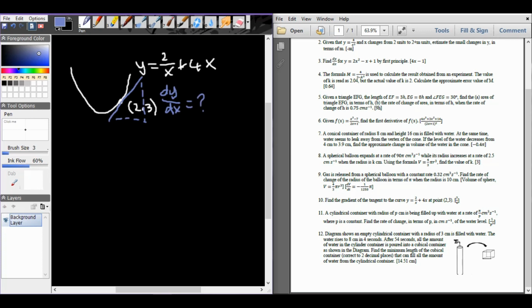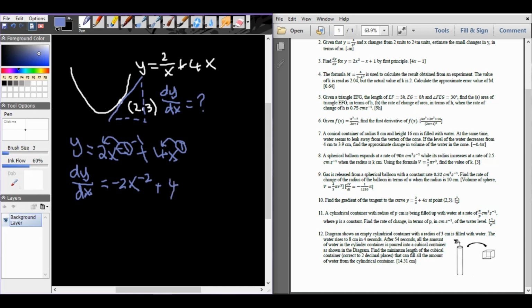First, we differentiate this equation. Y equals, we write it in index form, so 2x to the power negative 1 plus 4x. So dy/dx equals, bring down the power of x, 2 times negative 1, negative 2x to the power minus 1. So negative 2 plus, bring down the power of x, 4 times 1, 4, x to the power 1 minus 1. 1 minus 1 is 0, x to the power 0 is 1.